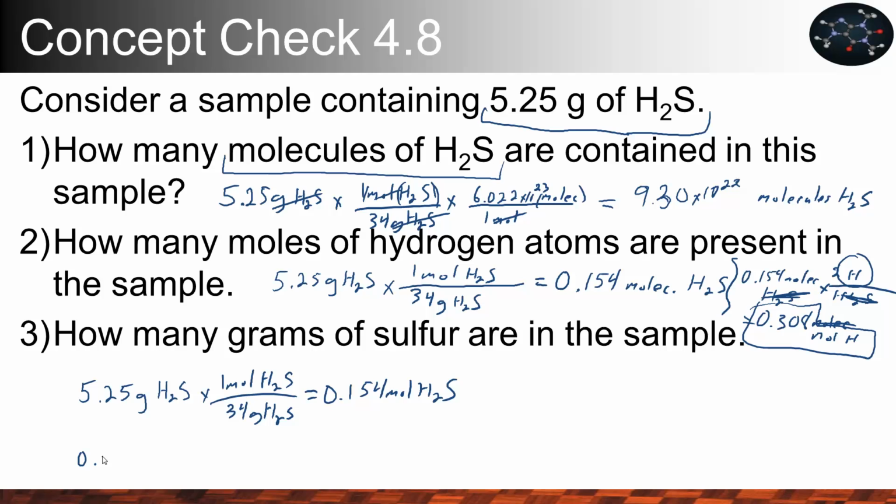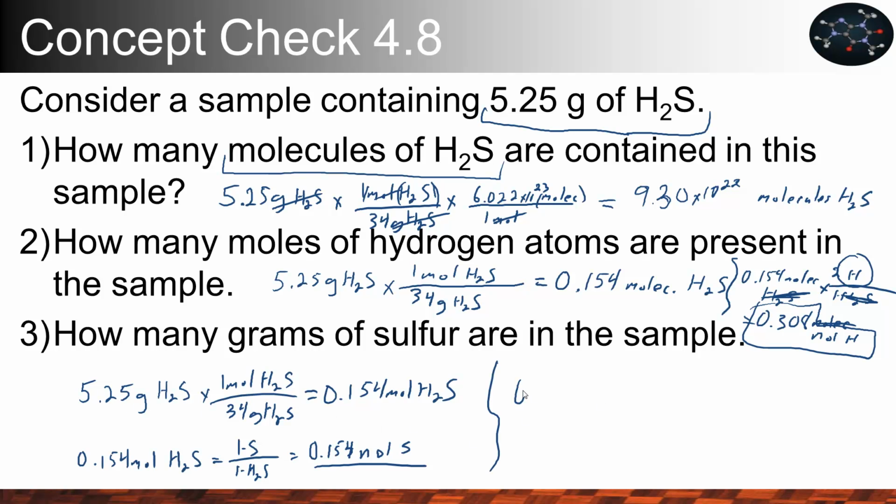Now we're going to take that 0.154 moles of hydrogen sulfide, and we know we can find out how many sulfur moles there are by saying that there's 1 sulfur for every 1 hydrogen sulfide. So that means 0.154 moles of sulfur are present in that 0.154 moles of H2S, which is 5.25 grams of H2S.